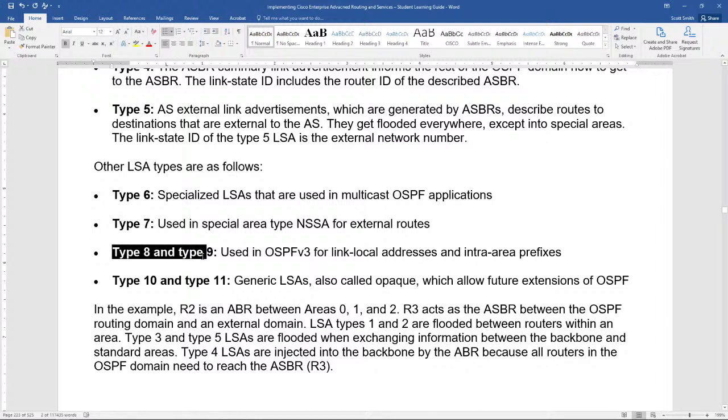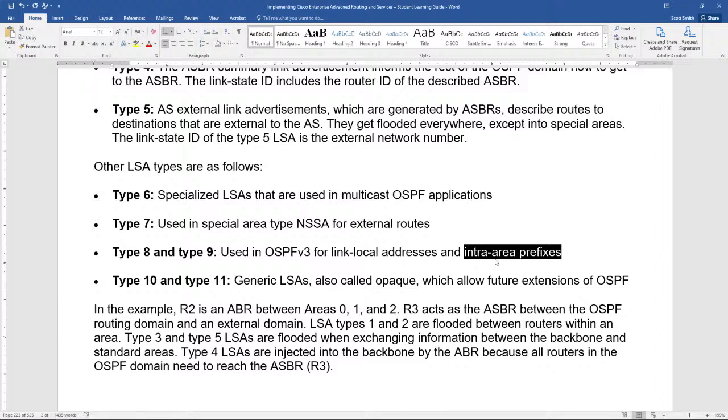Type 8s and 9s are for OSPFv3, specifically OSPF for IPv6. Type 8 describes link local information, those link local addresses that we have in IPv6. Type 9 describes intra-area prefix LSAs. They are standard router LSAs, but we use a different type of LSA to describe those intra-area prefixes.